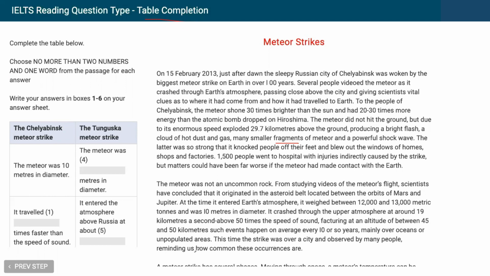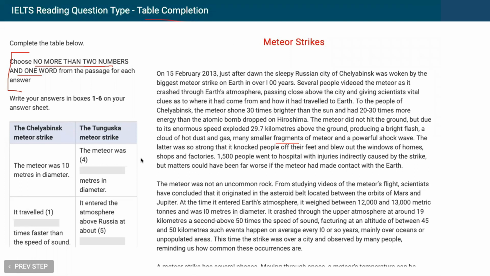And the last thing I just want to call your attention to are the instructions. You might be familiar with this type of instruction from different completion question types, such as summary completion and short answer. Be aware that they can range from no more than 2 numbers and/or a word to 1 word only, or no more than 3 words, for example.